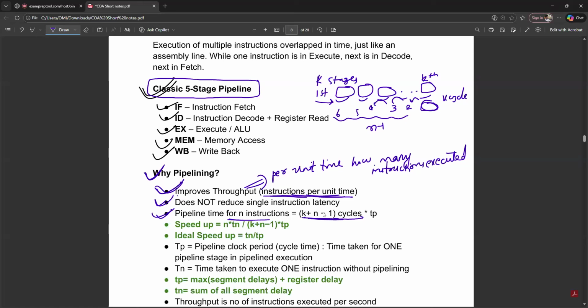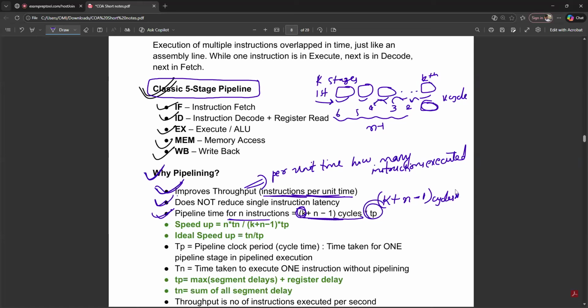So this much time you are saving. So for the first instruction it takes k cycles, plus for the rest n minus one instructions it takes one cycle each. Multiply this by the cycle time to get the pipeline time.